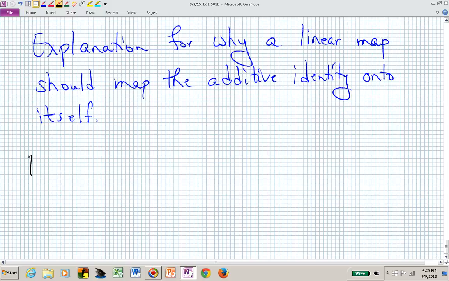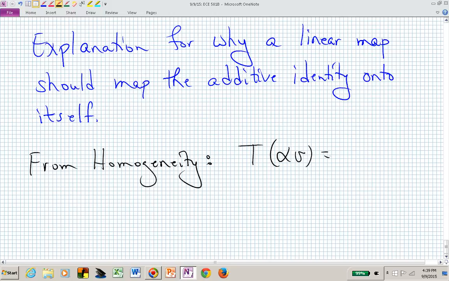Now, what's the relationship, or what is the expression that we have relative to homogeneity for a generic vector and a generic scalar? From homogeneity, we said T of alpha V is equal to what, if we have the homogeneity property in place?